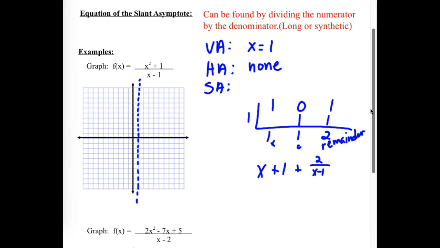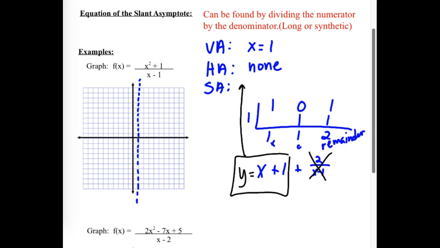So as x gets bigger and bigger and bigger, this 2 over x minus 1 becomes almost nothing. So when we talk about our asymptote, the remainder is not going to affect it. It's going to basically turn into a 0 as x gets big enough. Okay? So we ignore the remainder part and we take the other piece. So y equaling this x plus 1, that's my slant asymptote.